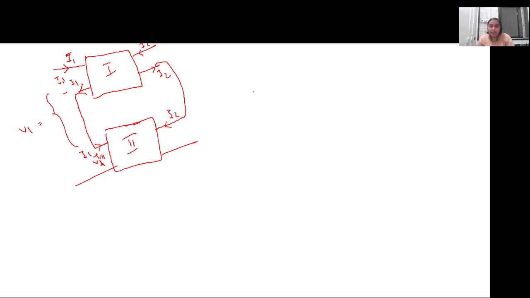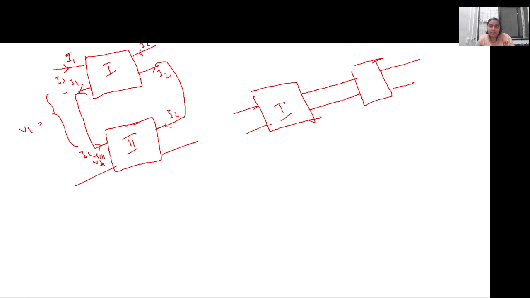In case of cascade network, the connection is a little bit different. Don't get confused with normal resistances that we see in series. So in cascade connection, if this is network 1 and this is network 2, this is V1, let's say, and this is V2. Whatever the output voltage, I'm writing it as V2 dash, and this one is the input voltage, so V1 dash I'm writing.